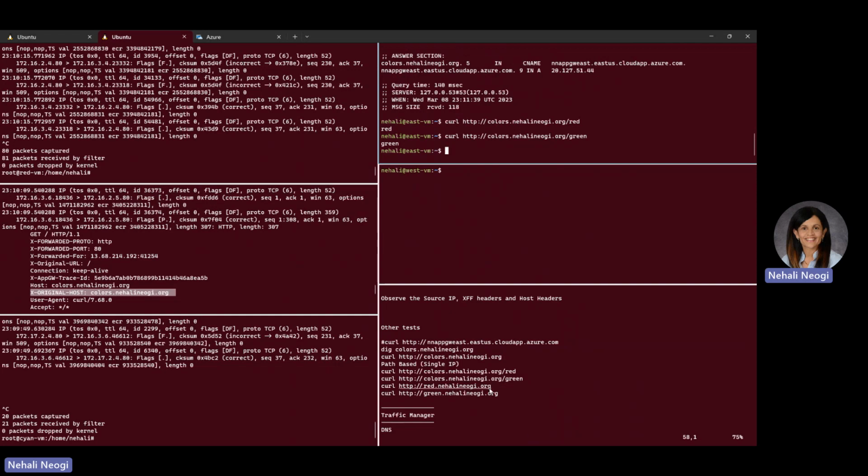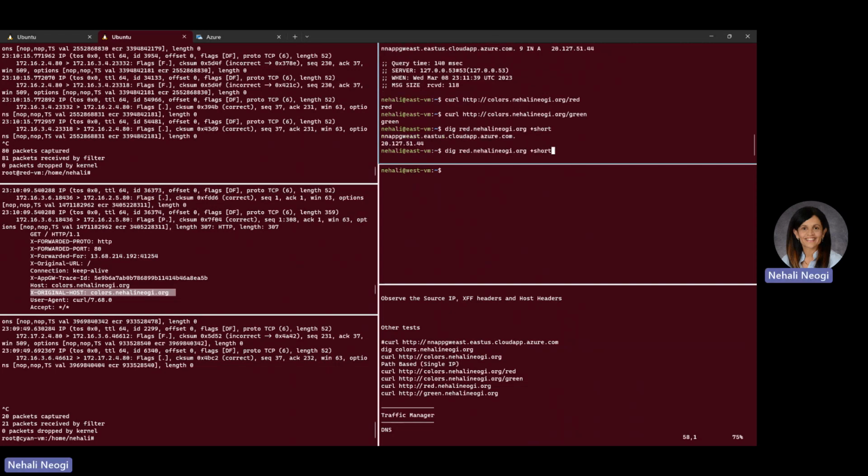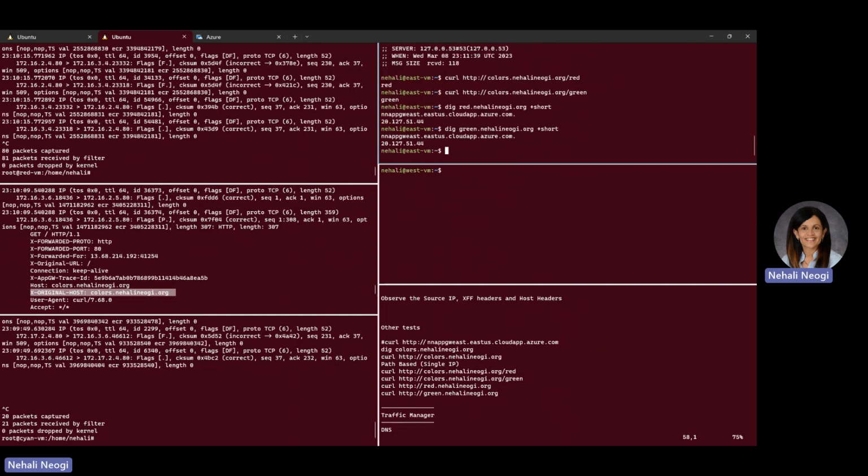All right. Then let's do another dig against these two hosts. You can see that it's the same IP that is on the application gateway, but it does different things.